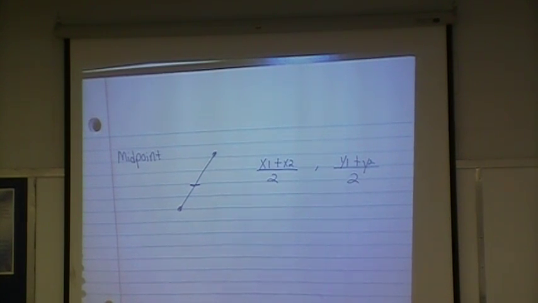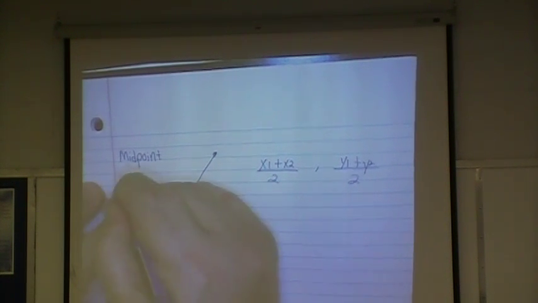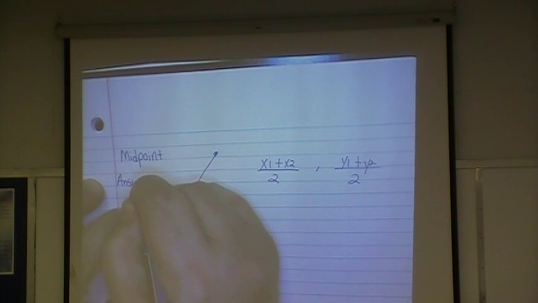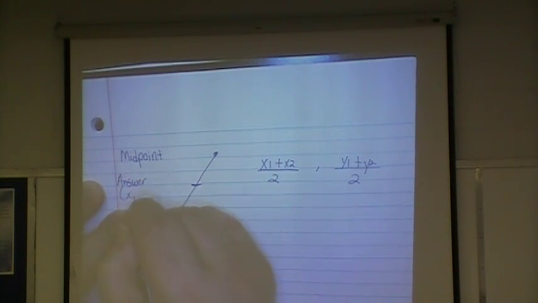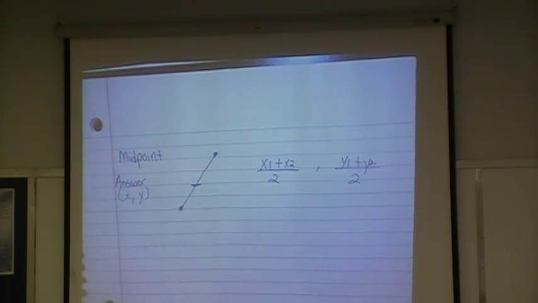You're also going to add your y's together and divide by 2. Your answer for midpoint is going to be two numbers, an x and a y. You're thinking about a graph. You're looking for the point on the graph that is the middle of that line. Okay?